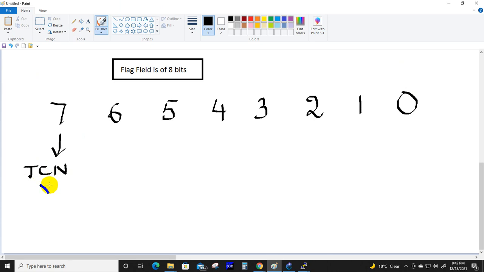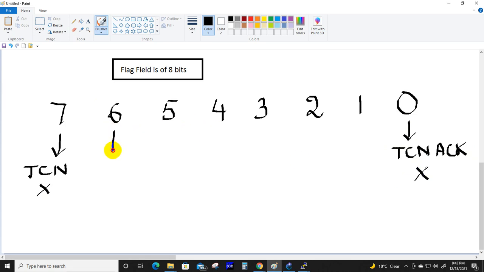It is not used in RSTP. This field is used for TCN ACK. That means when there is a TCN acknowledgement, this bit will be on. It will not be used in RSTP.